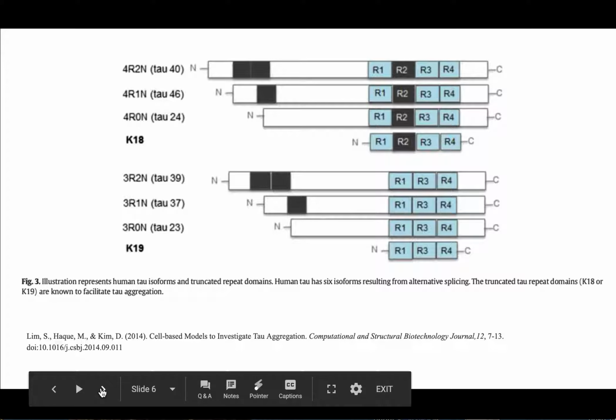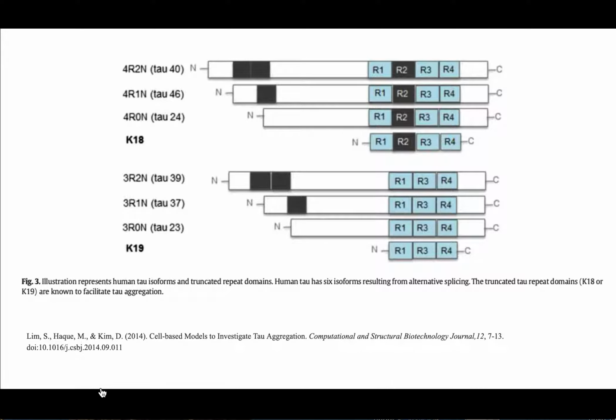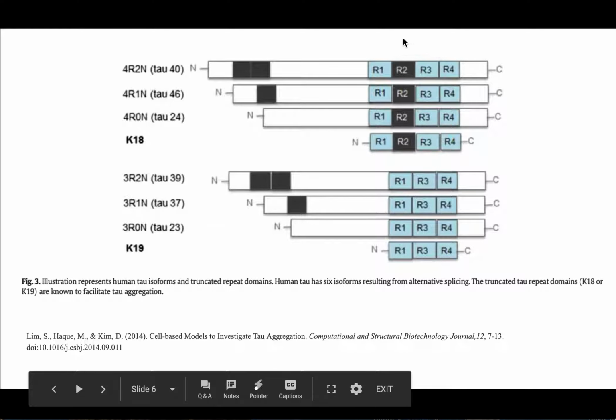So again, this is another illustration of the isoforms that can develop, and looking at where we're actually seeing these repeated sections. You can also see where on the 4R you have a conservation within the repeating sections.